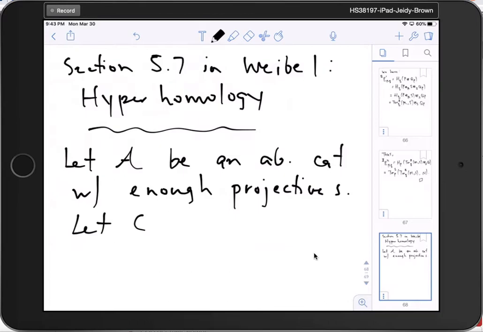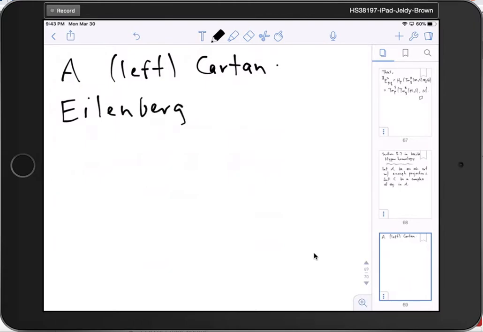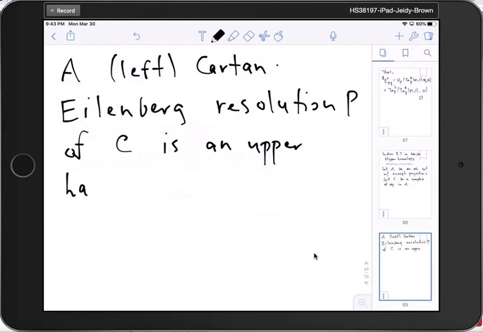And let C be a complex of objects in A. Then a left Cartan-Eilenberg resolution of C, I guess I'll give it a name, I'll call it P of C, is an upper half plane bicomplex.